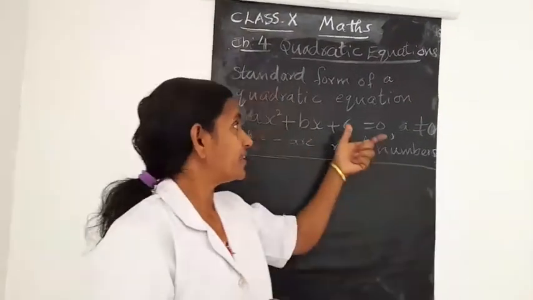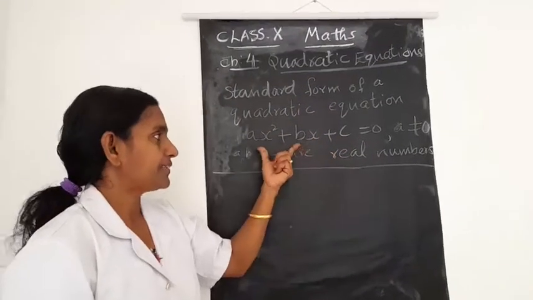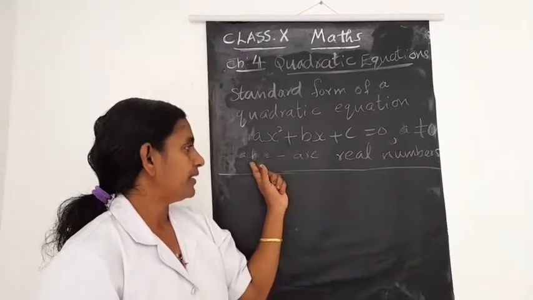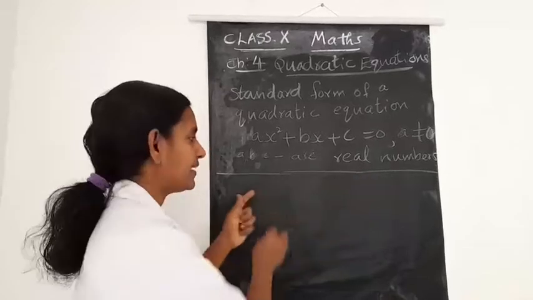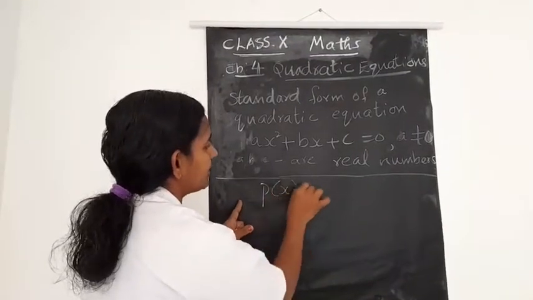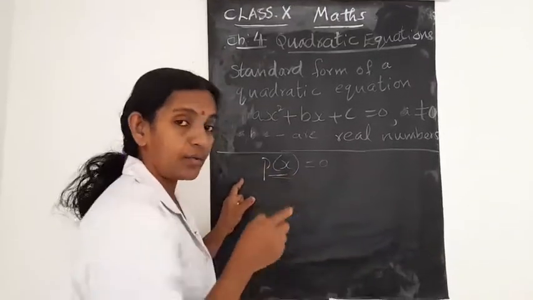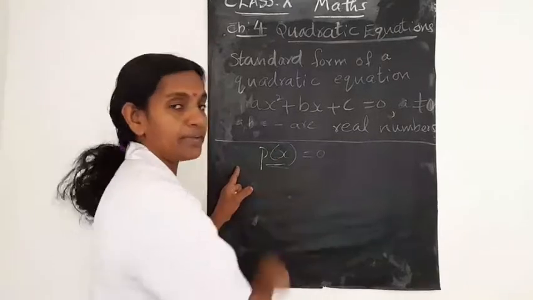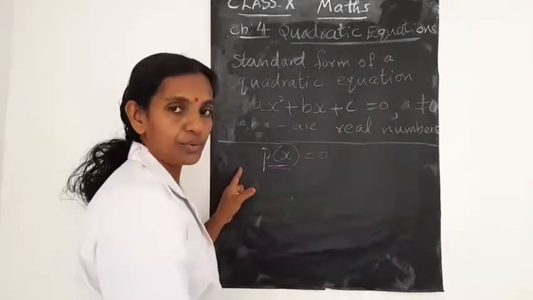So we can say that it is p of x equal to 0, where p of x is a quadratic polynomial. Here the variable is x.